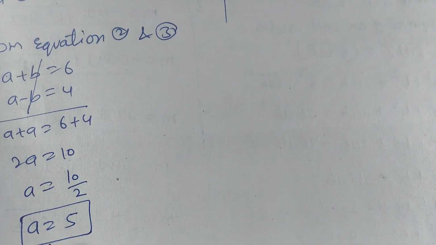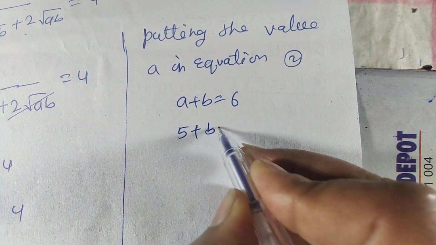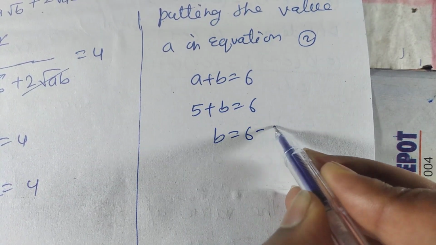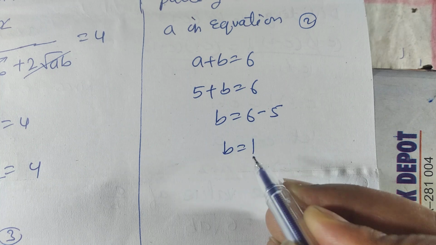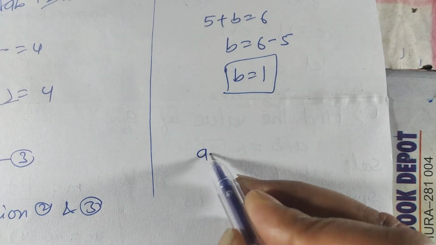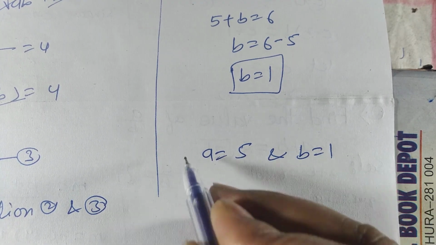The value of a is 5. Putting here, 5 + b = 6, b = 6 − 5, b = 1. We are getting the answer a = 5 and b = 1.